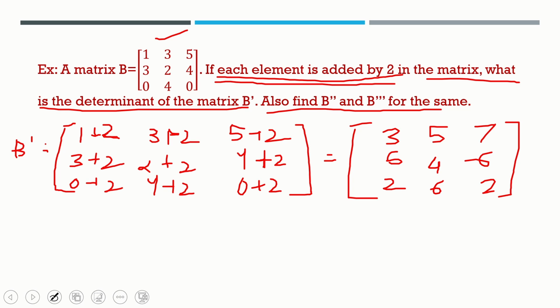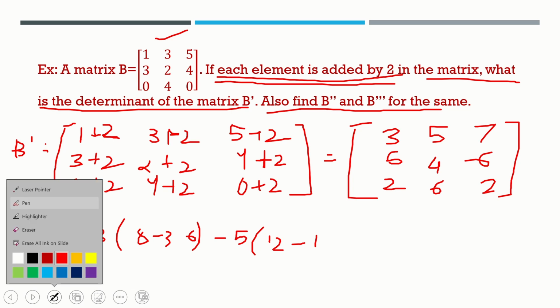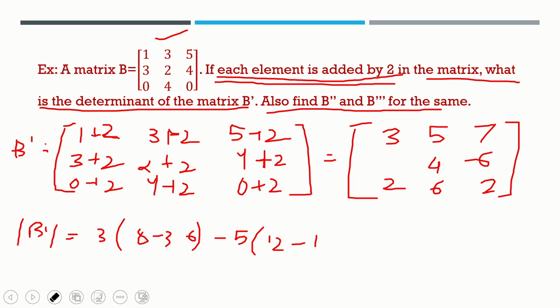So as per the process you have to find the determinant of B dash. So 3 into 4 into 2 is 8, minus 6 into 6 is 36, 6 into 2 is 12, minus 6, 2 into 6 is 12. It is not 6, students, it is 5.